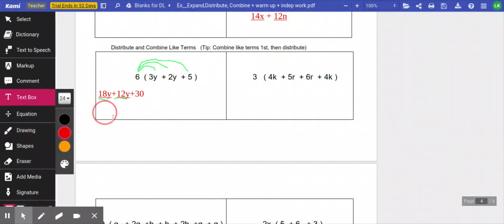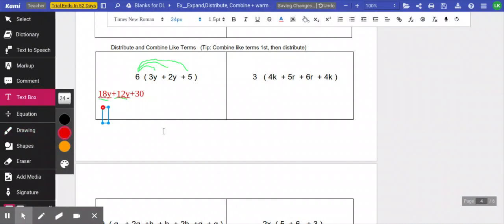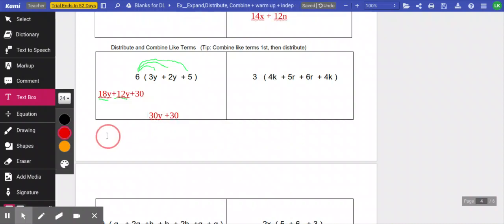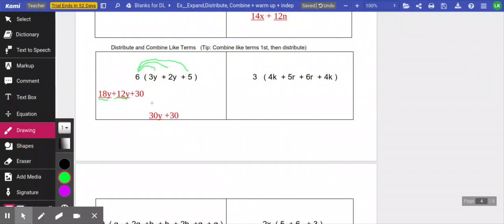So I can combine them, 18 plus 12 to get 30y, and my 30 doesn't have anything to combine with, so it just stays plus 30. And I'm going to put this here because it'll have the same answer. And the other method, I'm going to put an or.